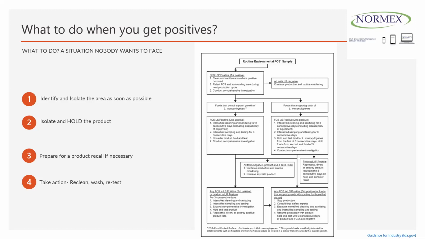When you get a second positive, you need to do an intensified and rigorous cleaning, sanitizing for 3 consecutive days to see where those occurrences could have occurred, and disassemble the equipment to see if there are any hidden areas which are dirty and not maintained properly.